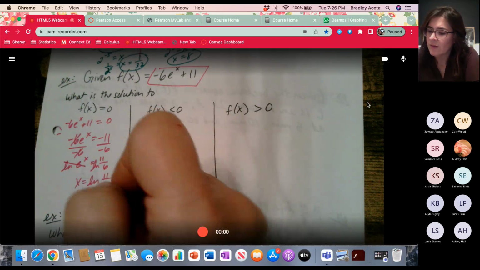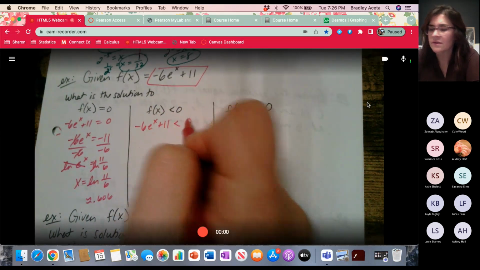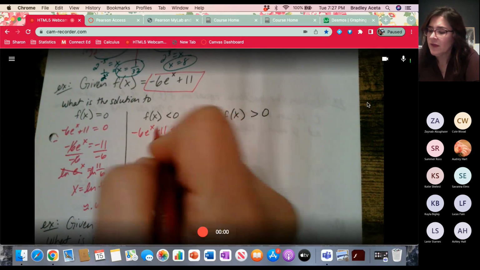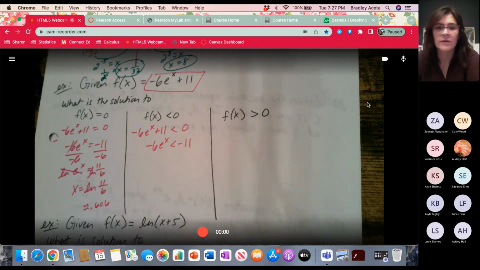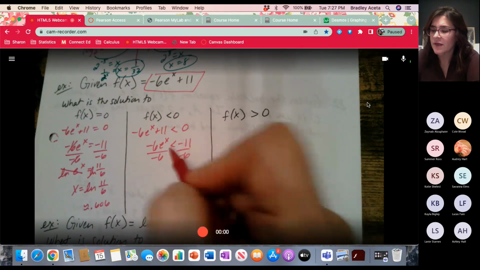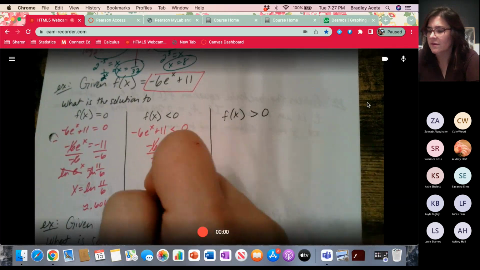So I'm going to start from right here. I'm going to put negative 6 e to the x plus 11 less than 0. And again, if you minus 11, and you remember, when you divide by a negative 6, what happens to your sign? It flips.